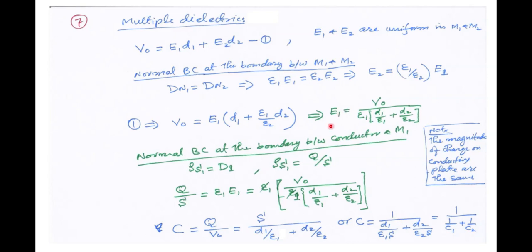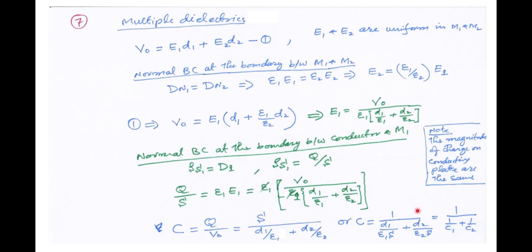Taking the value of E1 from this expression and replacing E1 by this one, we finally come across this expression that represents the capacitance of a two parallel plate capacitor, such that the interface between two dielectric materials is parallel to the conducting surfaces.